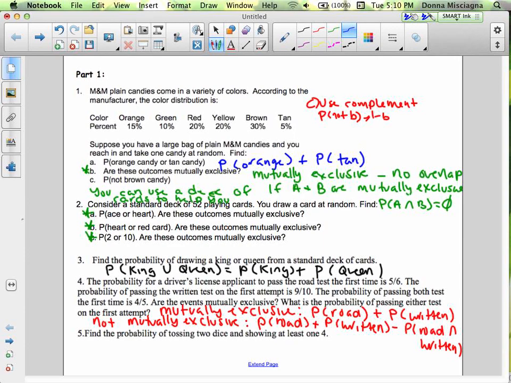Or another way you can do it is, since this is at least 1, that includes everything but no 4s. So at least 1 means everything but no 4s.